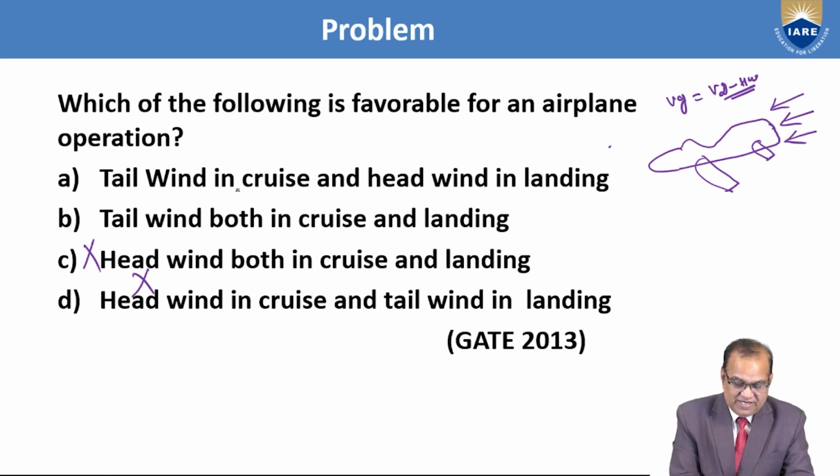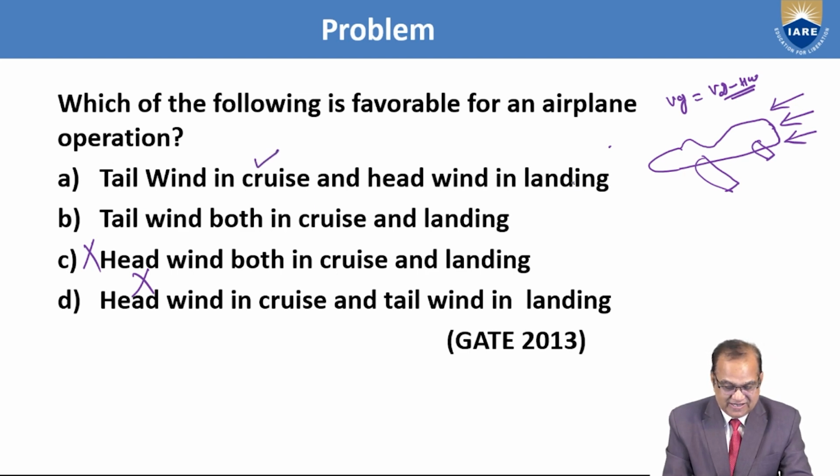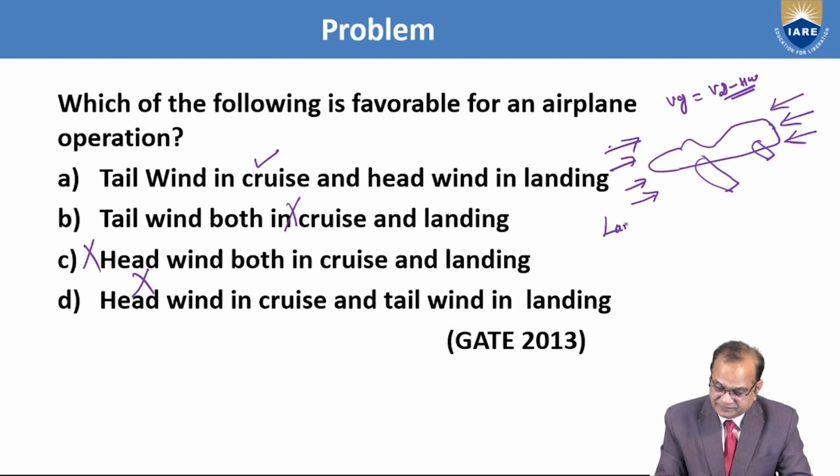So tailwind in cruise, and headwind in the landing. Tailwind in both cruise and the landing, this is not correct. This is the correct: tailwind in cruise, and during the landing we want the headwind.